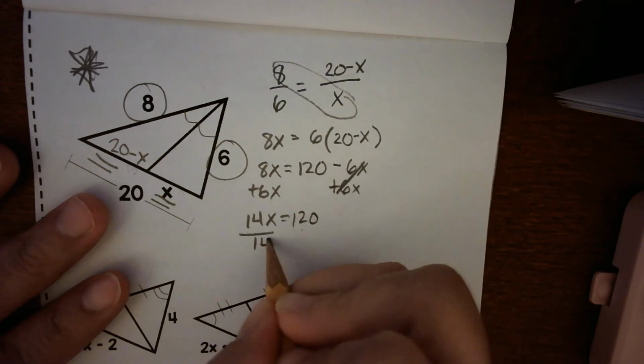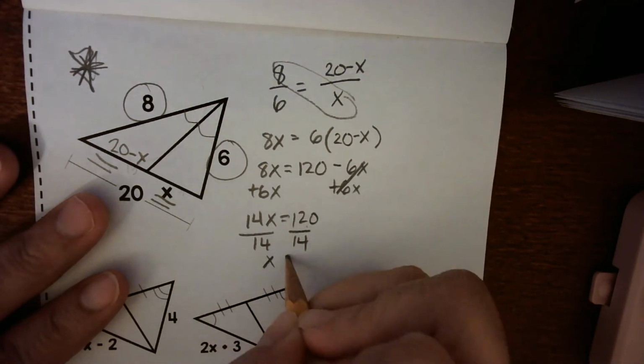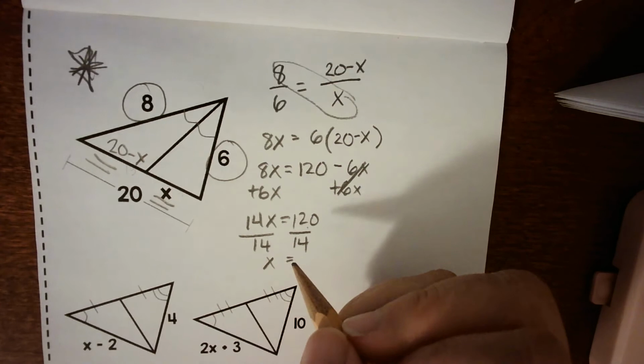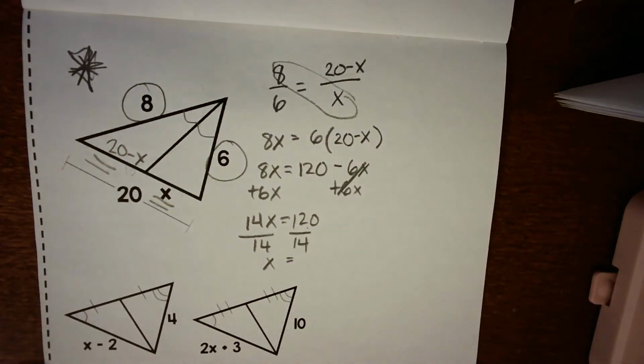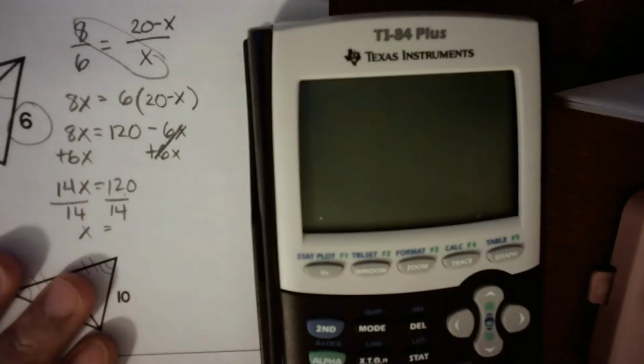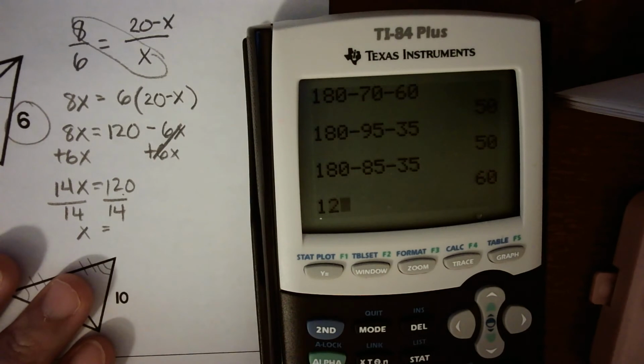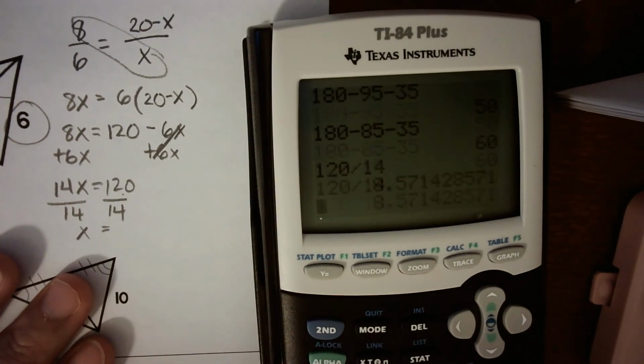Going to divide both sides by 14. x is equal to... let's check because this does simplify. 120 divided by 14.